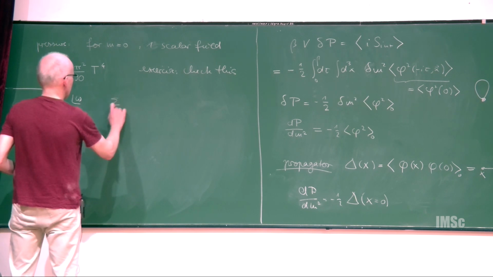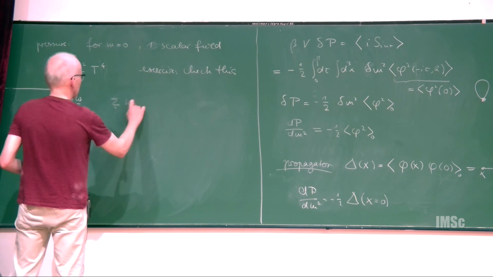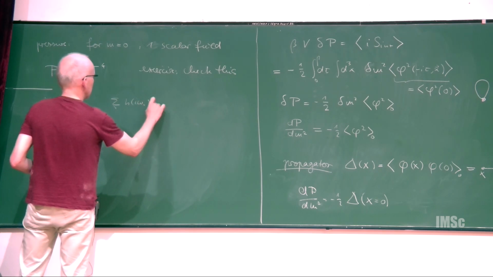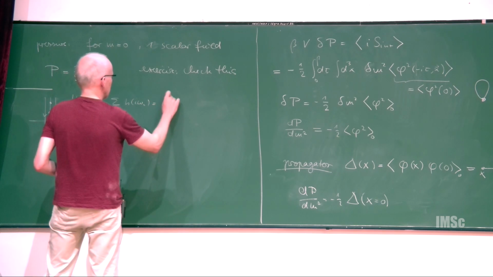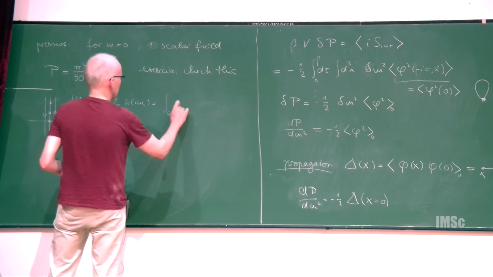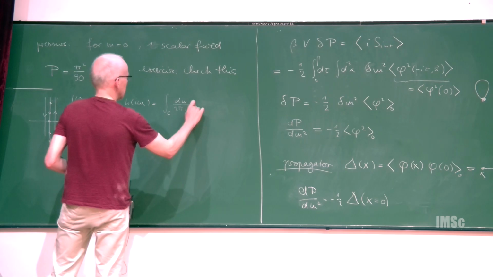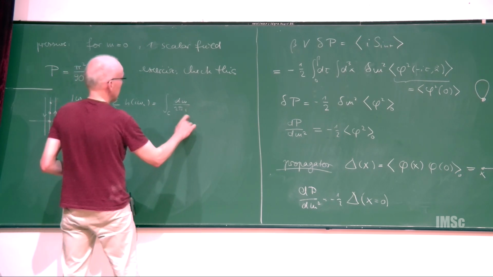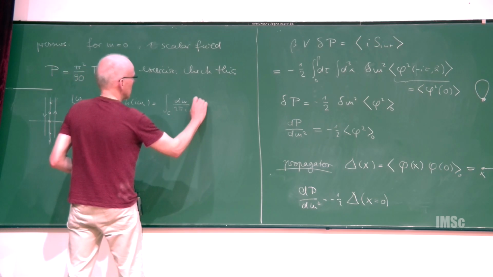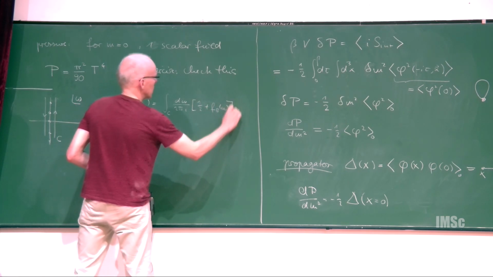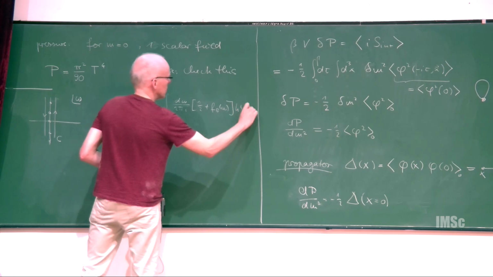And so the sum over n of h of i omega n is the integral along the contour C, d omega over 2 pi i, times 1/2 plus f Bose of omega, times h of omega.